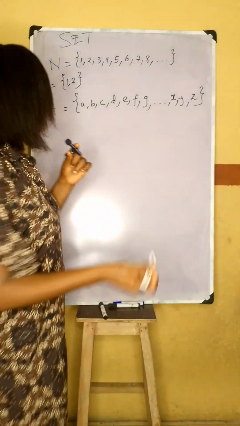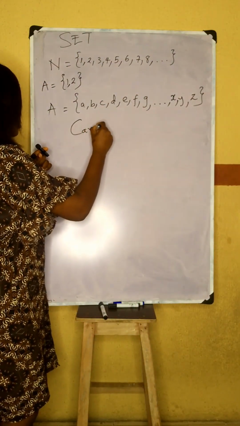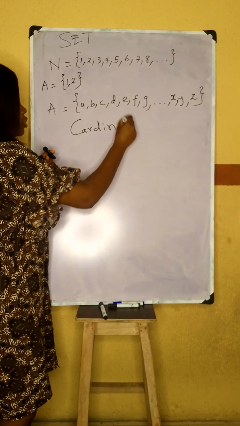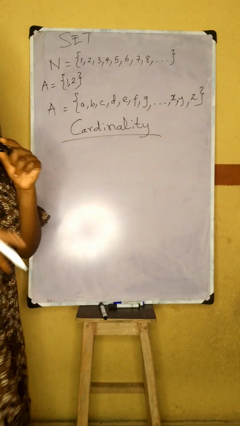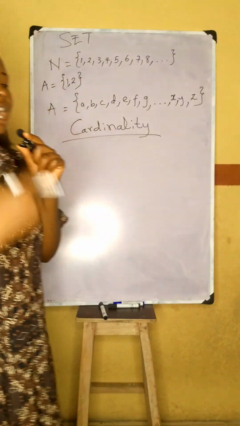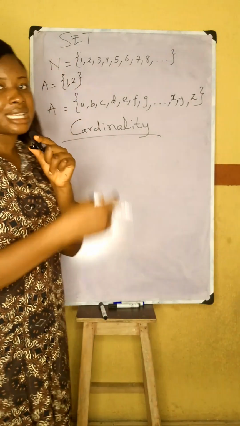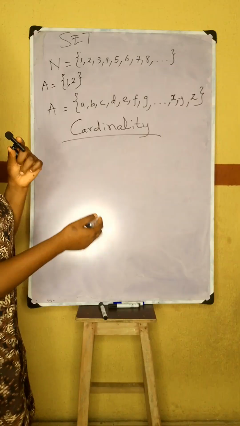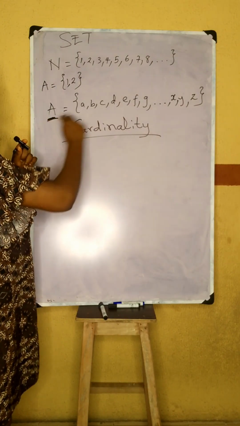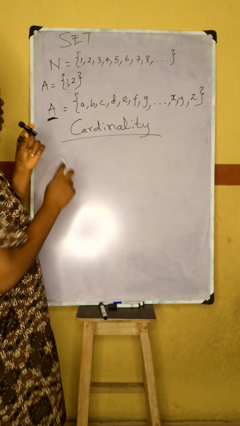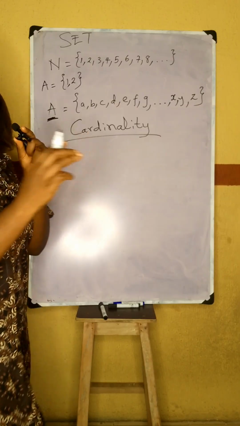And that will bring me to cardinality. Now, when you hear cardinality of a set, it is asking how many elements are in that set. Like if I ask for the cardinality of A, in this A, A is a set of English alphabets.